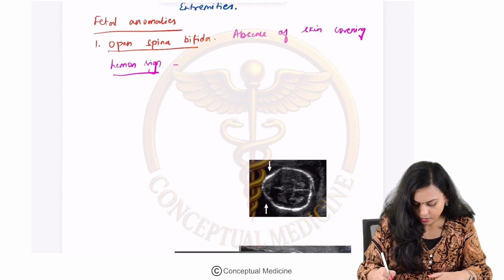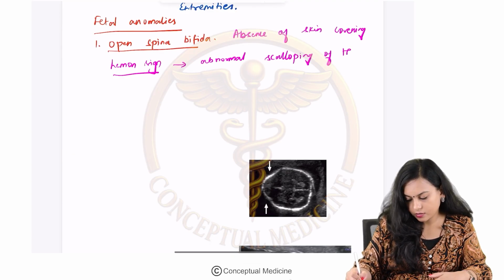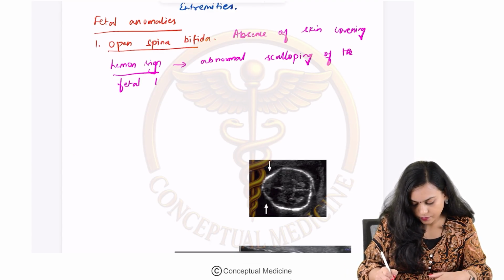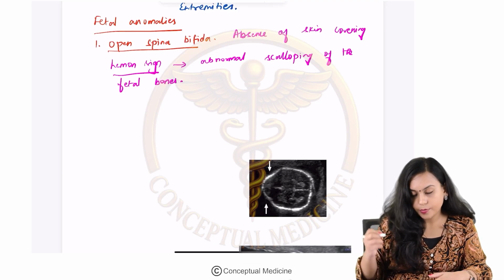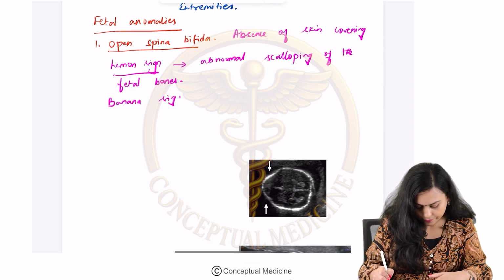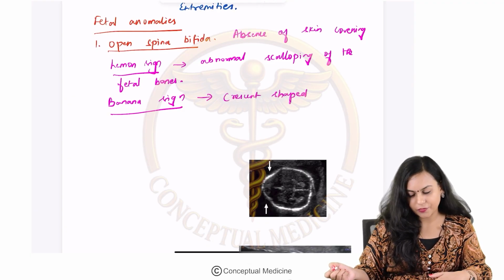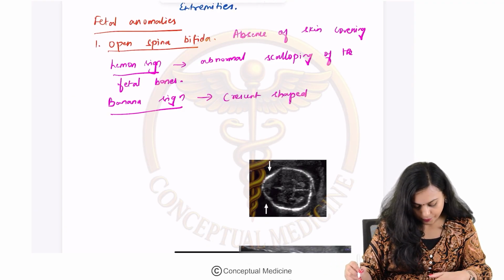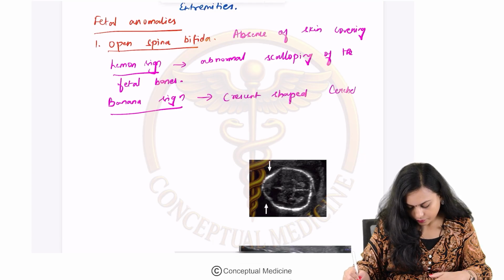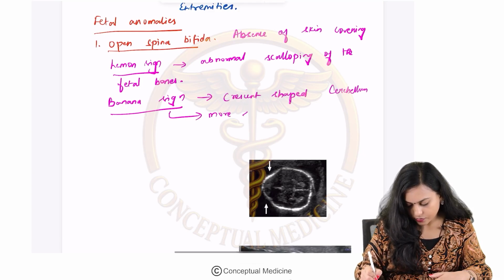One is the lemon sign, that is there is abnormal scalloping of the fetal bones. Then you will be able to appreciate another sign called the banana sign, where there is a crescent shaped cerebellum, and that crescent shaped structure is compared to the banana. The banana sign is a more sensitive sign.